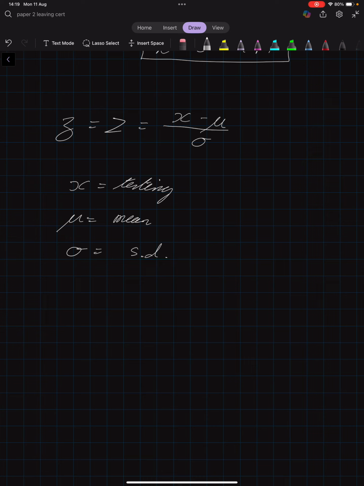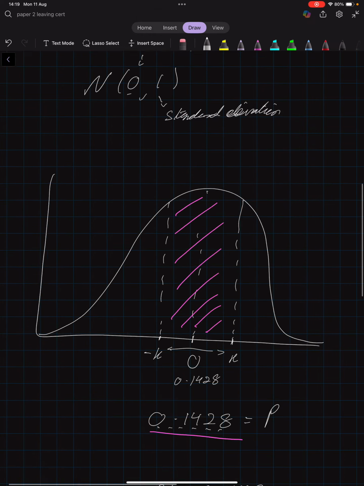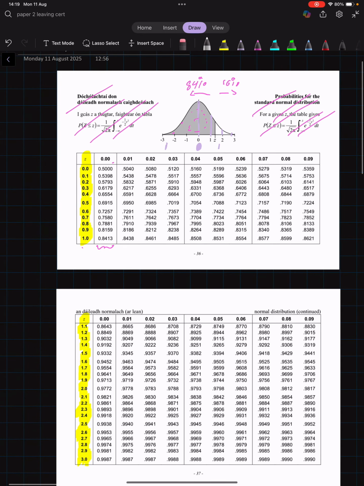Now, what is sigma? The standard deviation. So what actually is it? The standard deviation is a measure of how spread out your data is. The best way to describe it is using the empirical rule, which you might know.